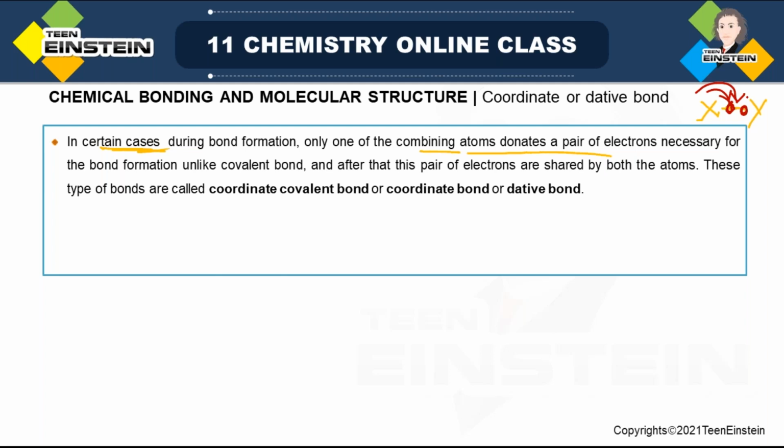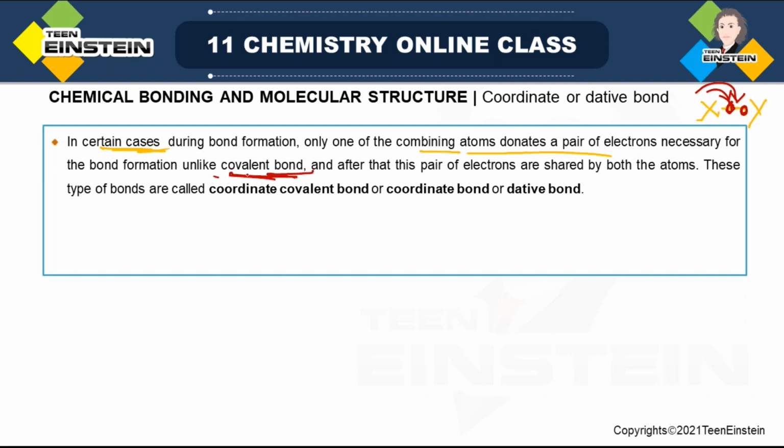Don't think there is any positive charge generation or negative charge generation, just like in case of ionic bond. No, it is not like that. It is not ionic bond, it is not covalent bond, it is something else. So in certain cases during bond formation, only one of the combining atoms donates a pair of electrons that is necessary for bond formation, unlike covalent bond. Why unlike covalent bond?